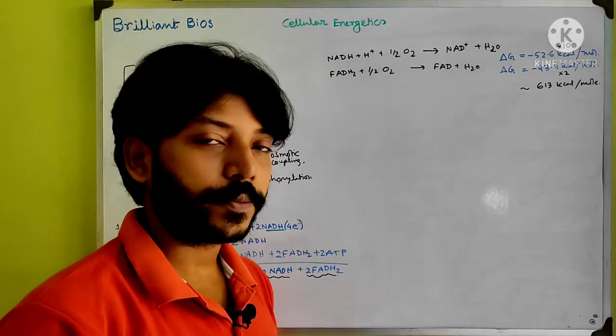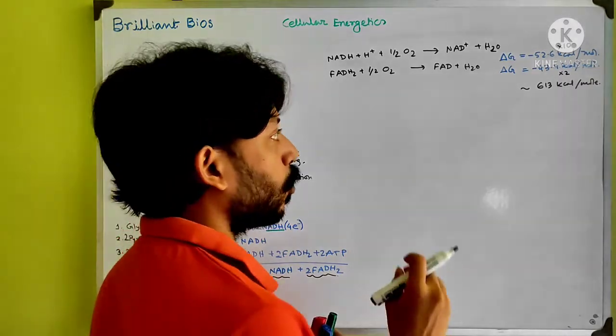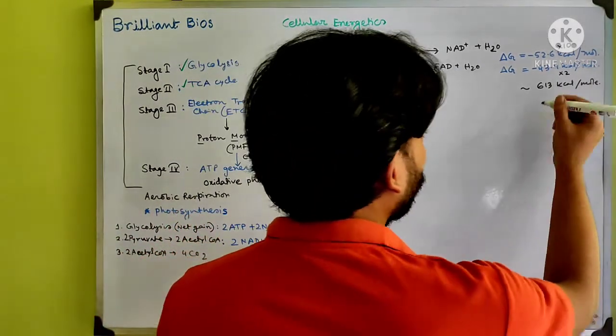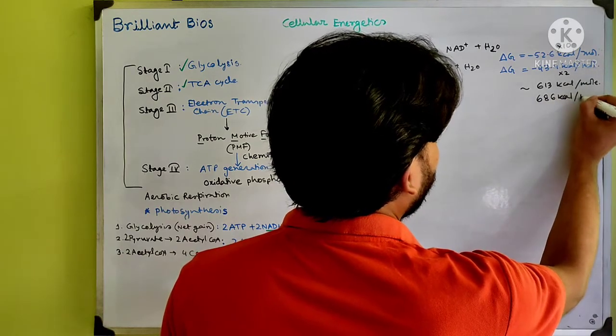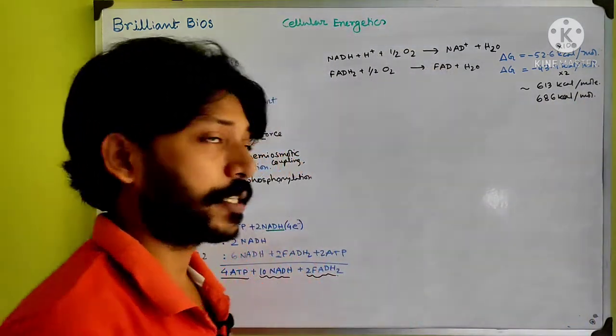And do you know the chemical bond energy that is present in 1 mole of glucose? 1 mole of glucose contains chemical bond energy of approximately 686 kilocalorie per mole. You have to understand this.